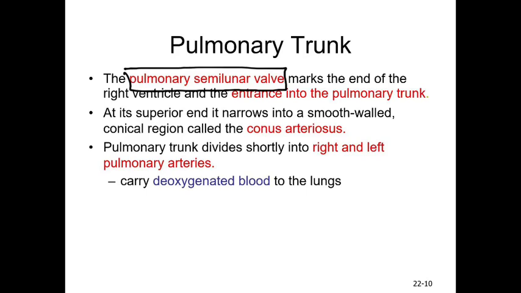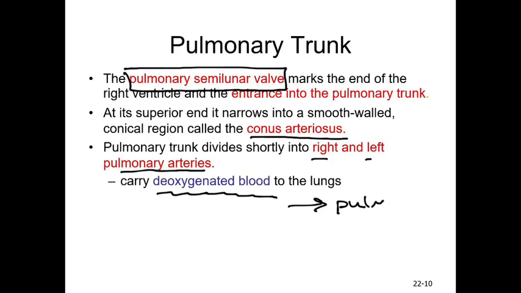In that pulmonary trunk, as it leaves the heart, there's a narrowing into what's referred to as the conus arteriosus. And that pulmonary trunk will then divide into the right and left pulmonary arteries. Again, this is carrying that deoxygenated blood to the lungs. It's entering now the pulmonary circuit.